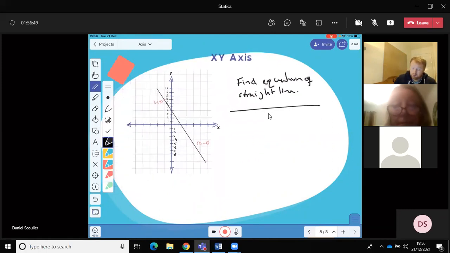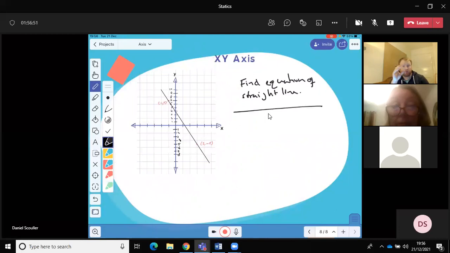Looking at that graph straight away, picking up a couple of things. When you pick up that the gradient is negative, that just keeps you right. I know that by the direction of that line going down.